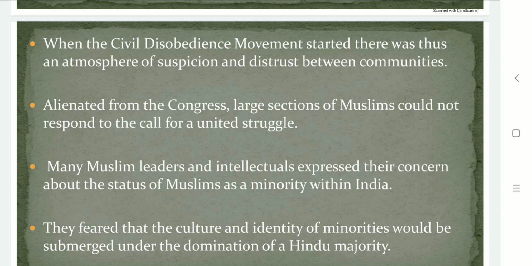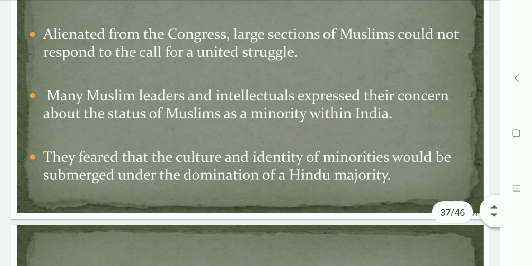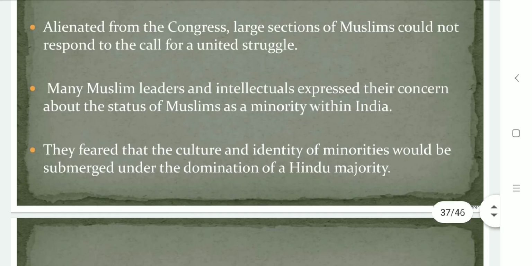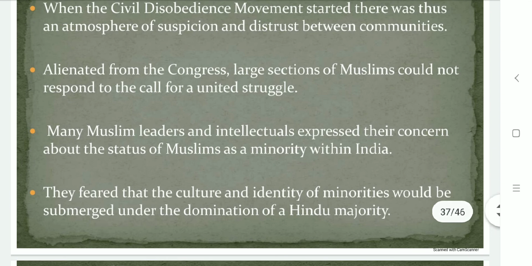Many Muslim leaders and intellectuals expressed their concern over the status of Muslims as a minority within India. They feared the culture and identity of the minorities would be submerged under the domination of the Hindu majority.